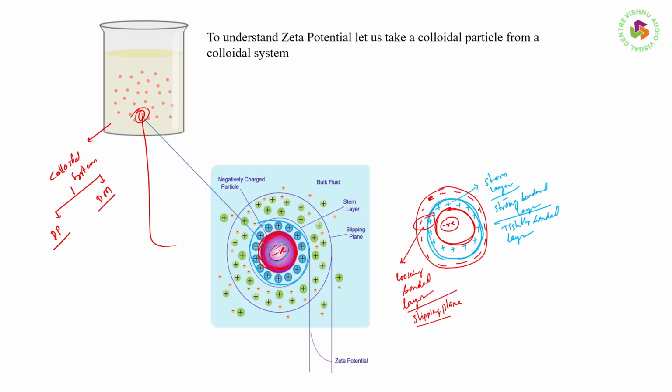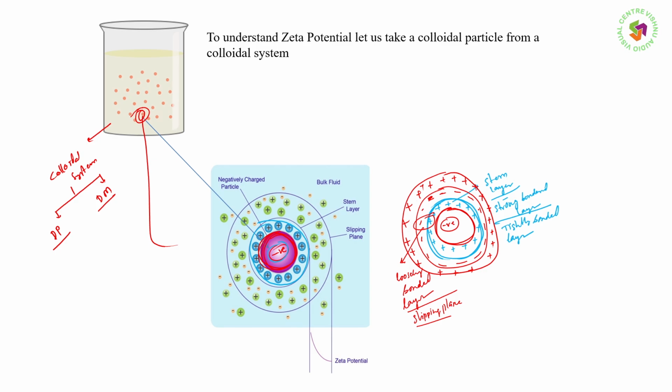And this negatively charged layer will try to attract positively charged particles, like this, and here they will form another layer. Now on this layer we have positively charged ions, and these positively charged ions will attract negatively charged ions, and this will continue like this: positive, negative, positive, negative. Clear? So what happens?